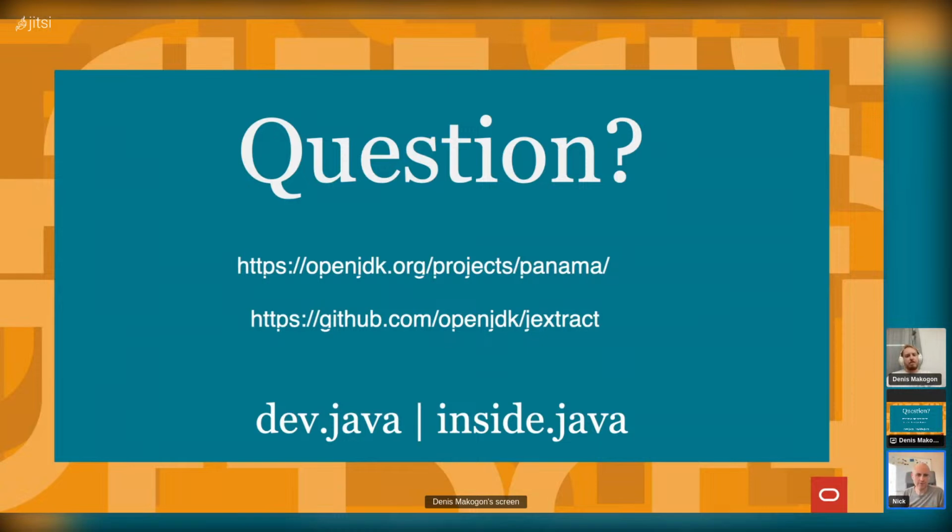So one of the questions is, is all this covered in JEP 419? Yes, most of the things are described in the latest JEP, whose implementation will be included in JDK 19.